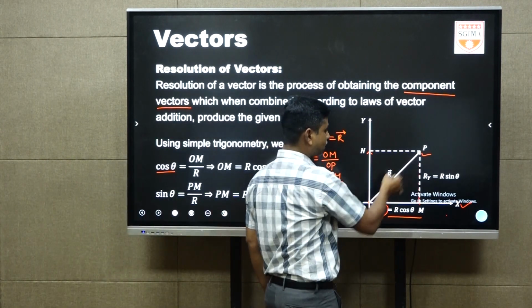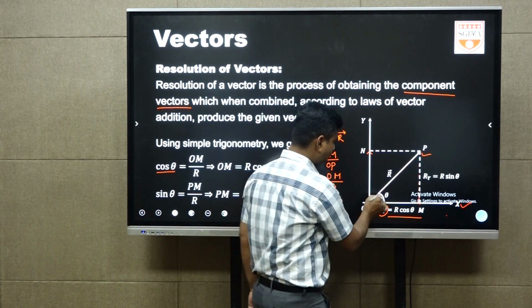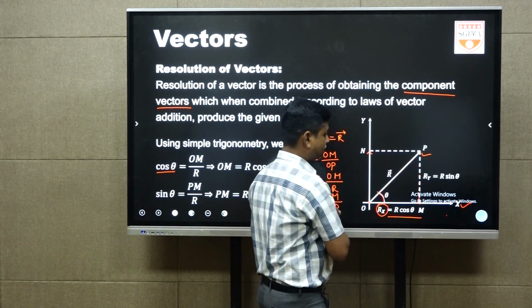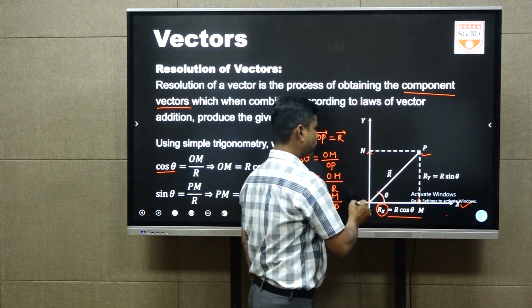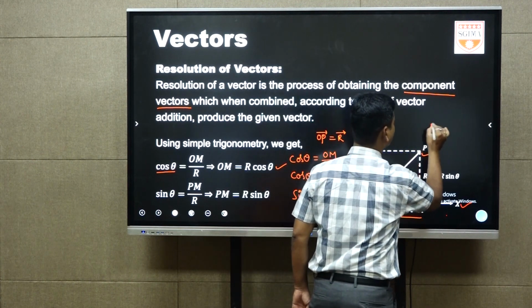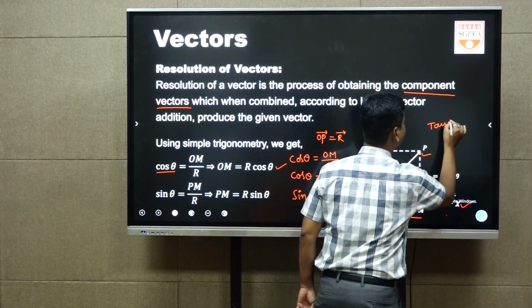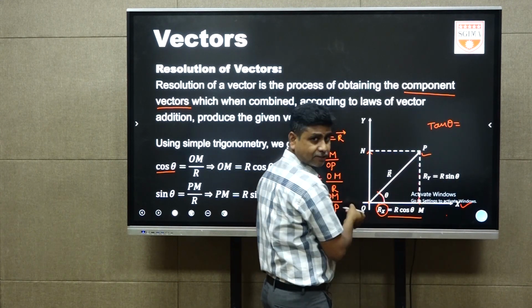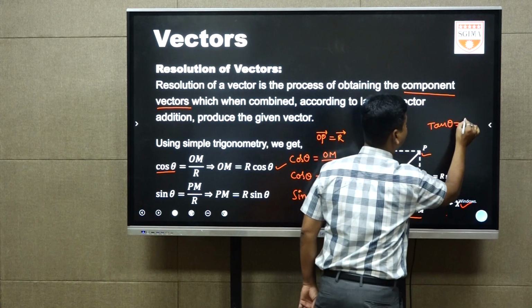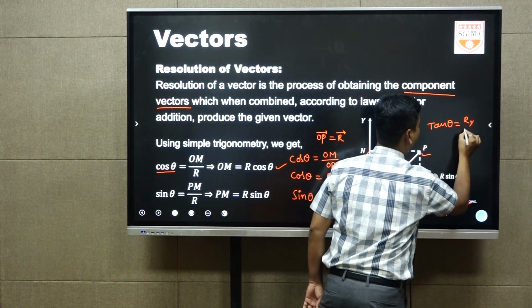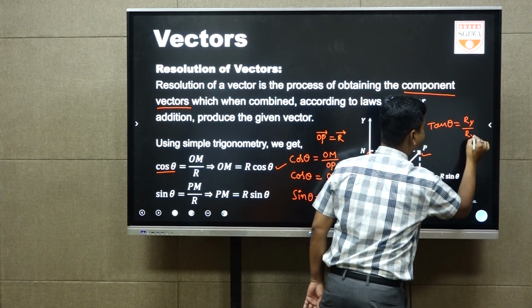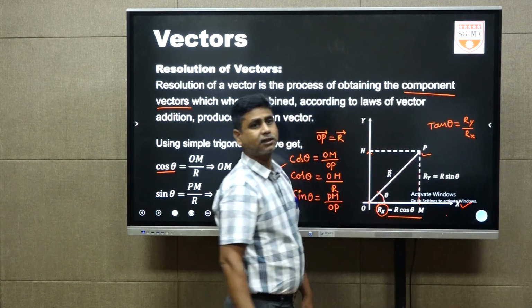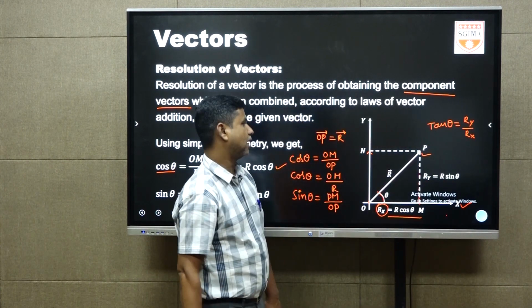It is the resultant vector R bar, making an angle theta. Here, if you observe carefully, tan theta equal to opposite upon adjacent. What is the opposite? Ry is the opposite. What is the adjacent? Rx is the adjacent. Then we can take tan theta equal to Ry upon Rx.